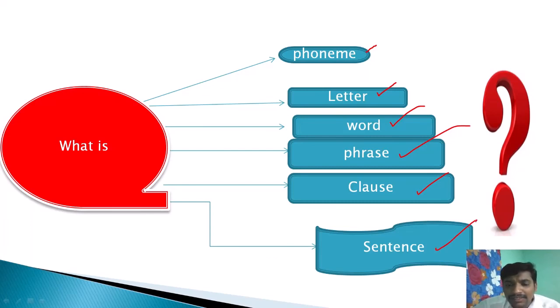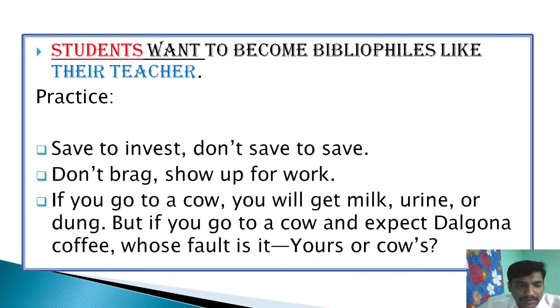And a combination of sentences is called a paragraph. Okay, dear students, a combination of paragraphs can become an essay. Okay, dear students, just try to separate the words, phrases, and clauses from the given sentences. Save to invest, don't save to save.